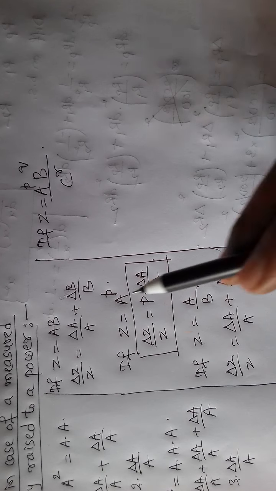When z is equal to ab, delta z by z is equal to delta a by a plus delta b by b. And when z is equal to a by b, then also delta z by z is equal to delta a by a plus delta b by b. For product and for quotient, we have a common rule.